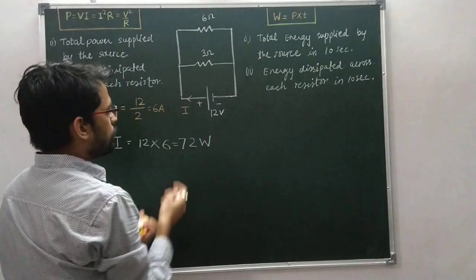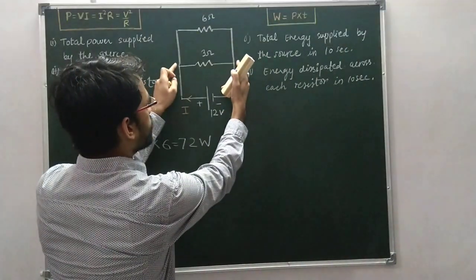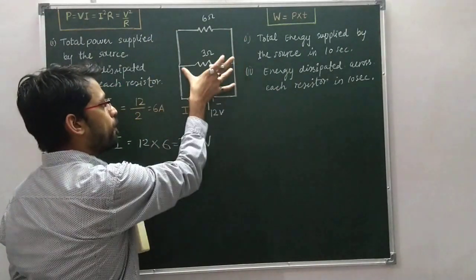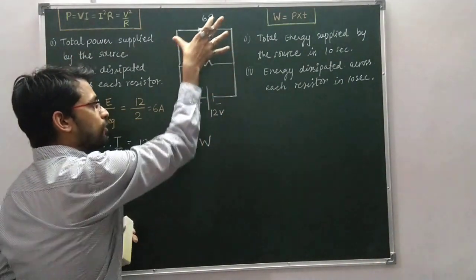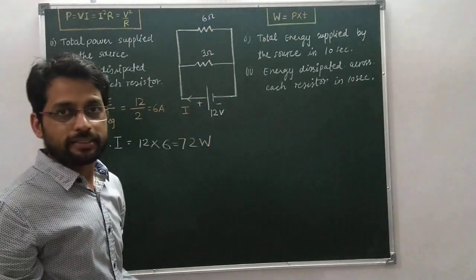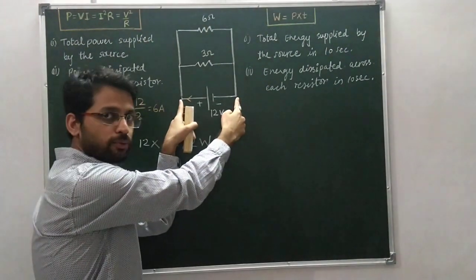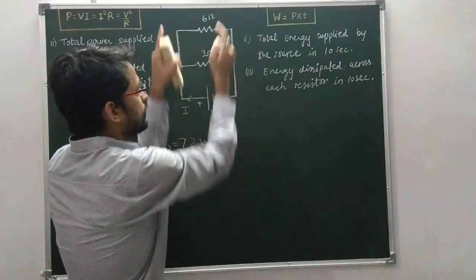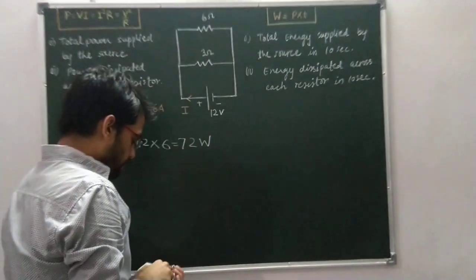So these three elements, cell, resistor 1 and resistor 2, are connected in parallel. So the potential difference across each element remains the same. Here the potential difference across the cell is 12 volt, and this 12 volt remains the same across the remaining two elements.